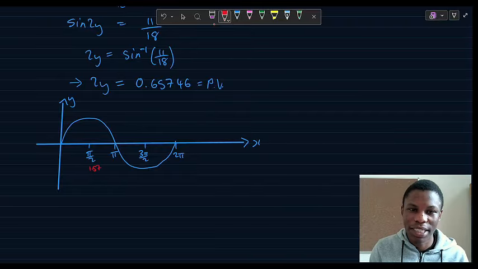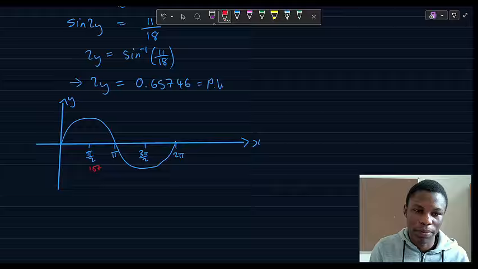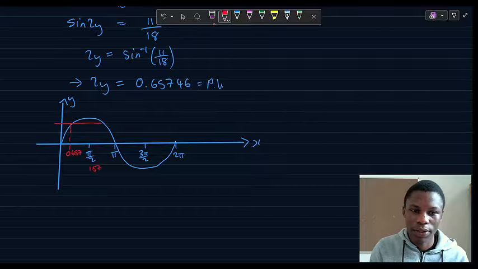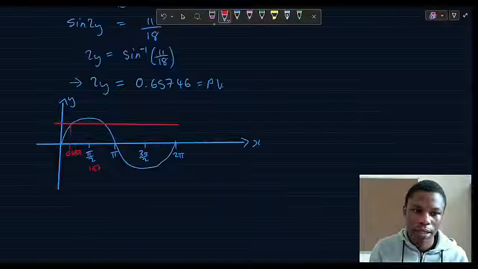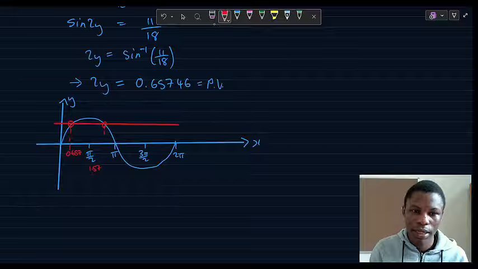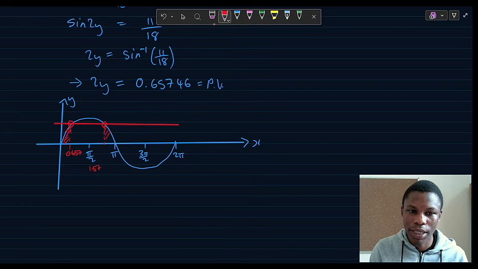So 0.657 here would be maybe somewhere here. That's the 0.657. So if I draw a line, I know that I expect a solution somewhere there. By symmetry, I know that this distance here, that's 0.657, should be the same as this here. So that should be 0.657.